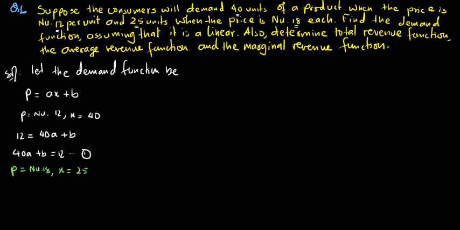Are you understanding? From the question here. So substitute this here in this equation again. P is equal to AX plus B. Now 18 is equal to 25A plus B, or you can write 25A plus B is equal to 18. Let this be equation 2.